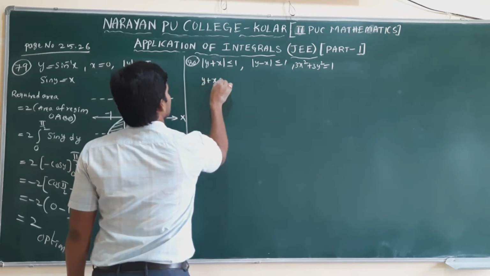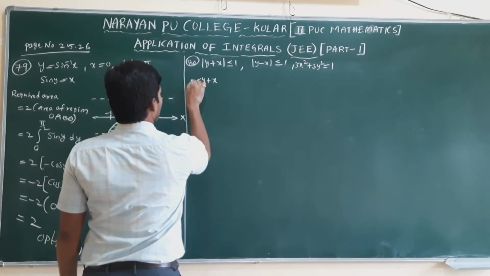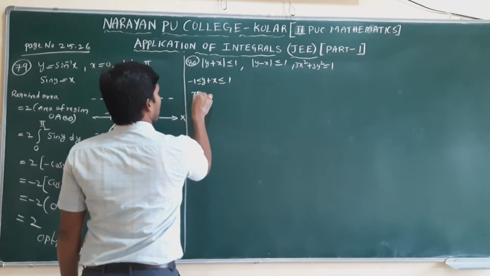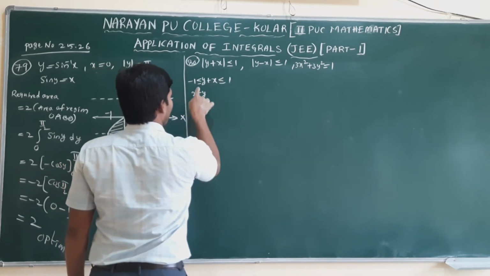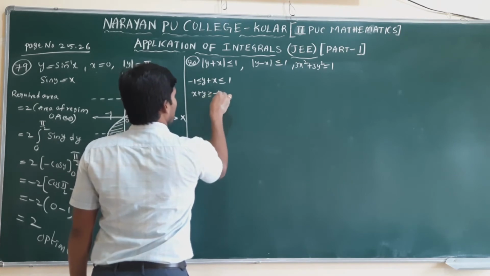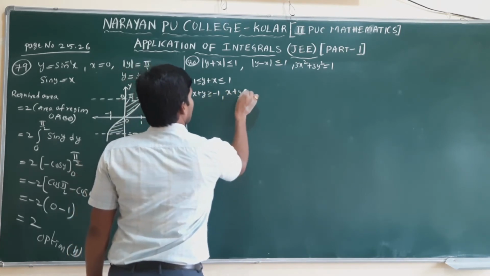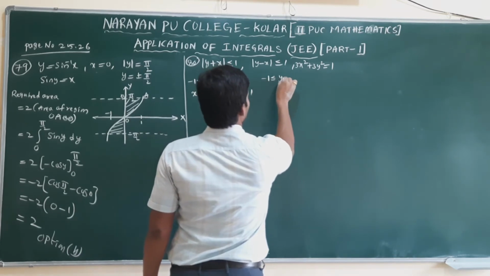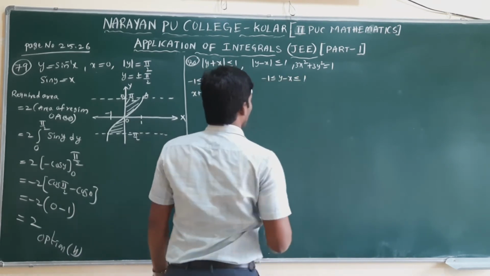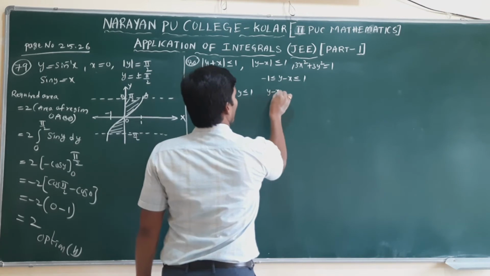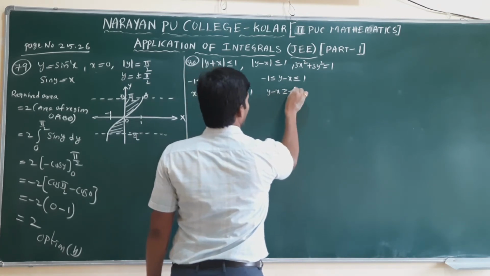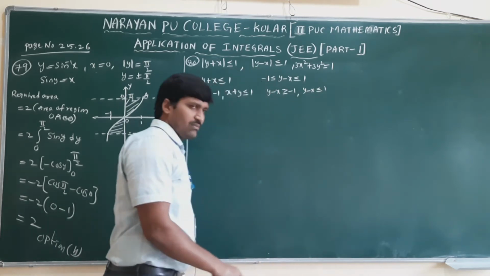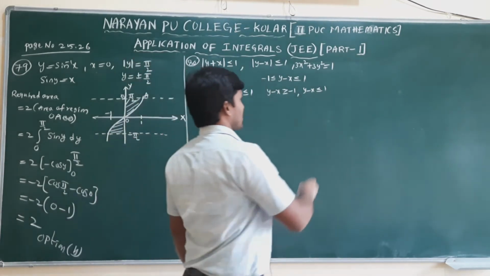For y plus x, minus 1 less than or equal to x plus y less than or equal to 1. Similarly here, minus 1 less than or equal to y minus x less than or equal to 1. And the last one is a circle.